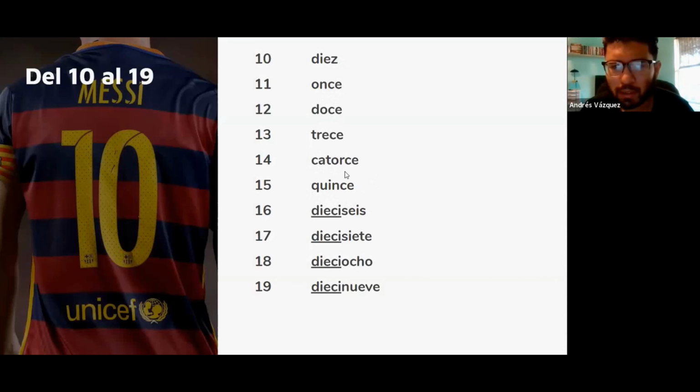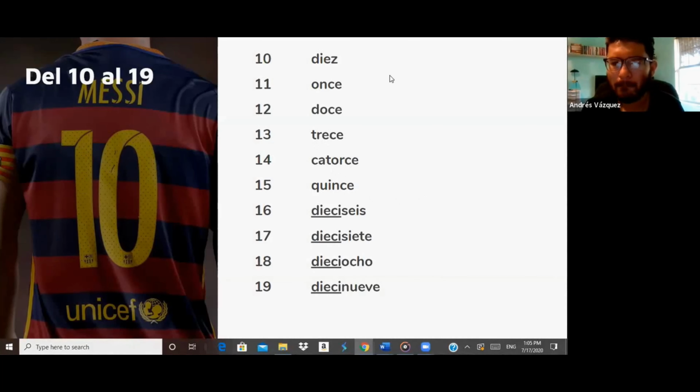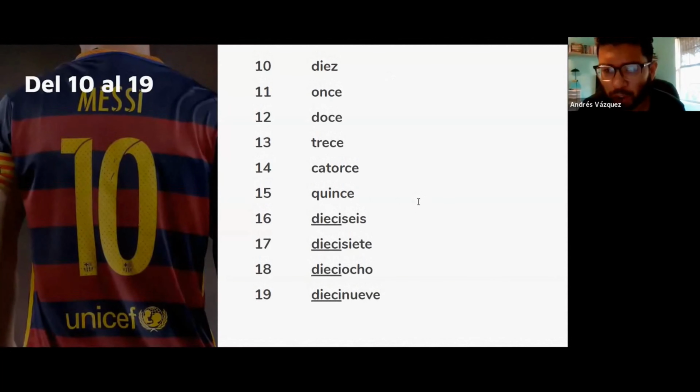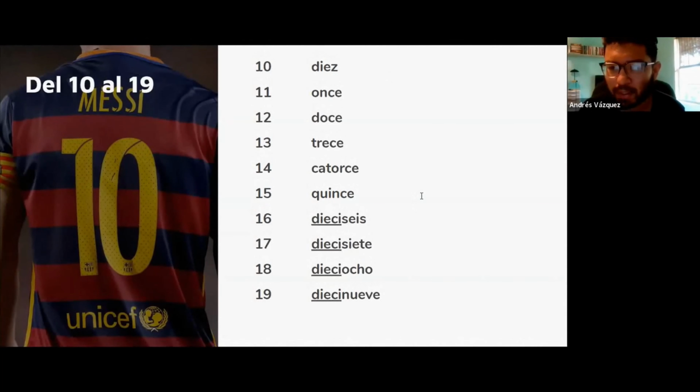So from 11 to 15, we see that all of these numbers end with CE, no, and with that C sound. And then from 16 onward, we start seeing a different pattern, no? 16, 17, 18, 19.